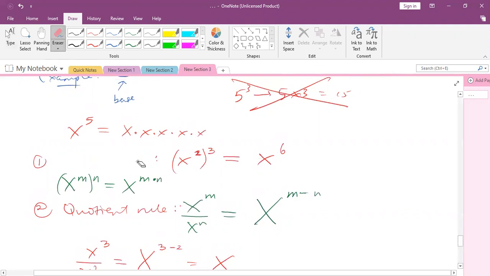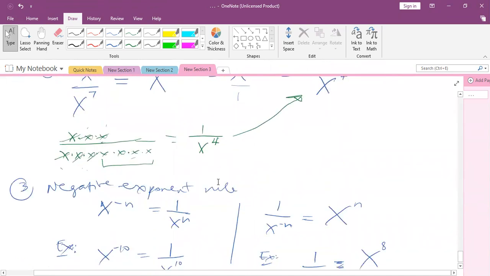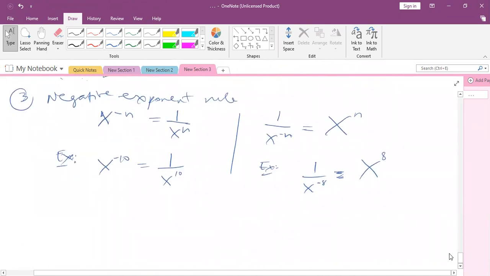This is not the power rule, is the... oh no, sorry, it's correct, the power rule. The power rule, let's keep it, sorry. All right, so let's go to the next one.